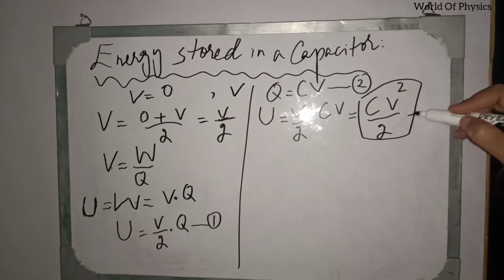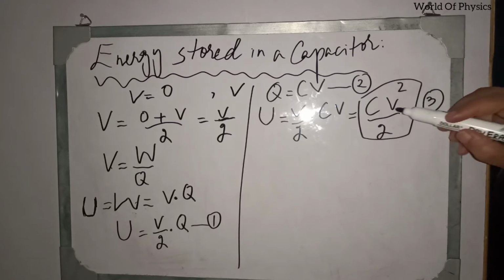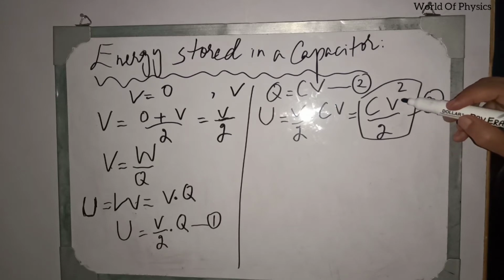In this equation number 3 we need to put the values of C and V to get the value of U, that is energy stored in the capacitor. So this is the main equation in which I will put the values of C and V. To put these two values, first of all I will say that energy is being stored in the electric field between the plates rather than being the potential energy of the charges on the plates.